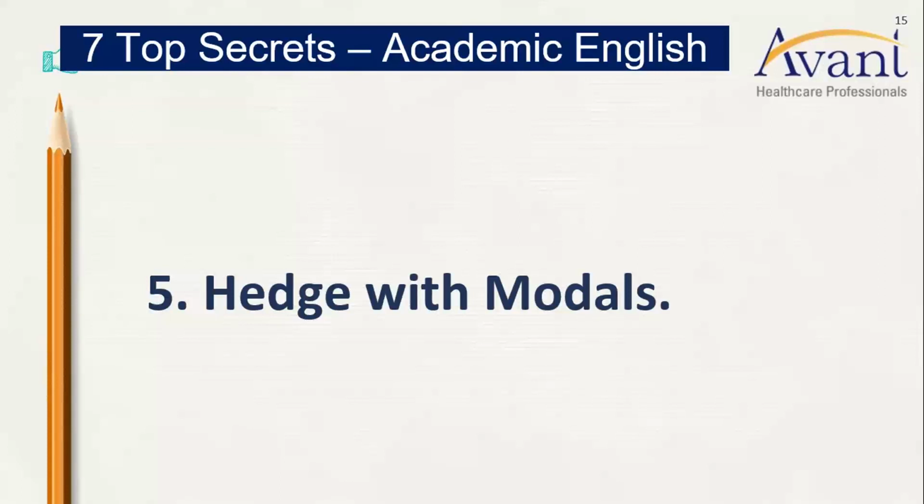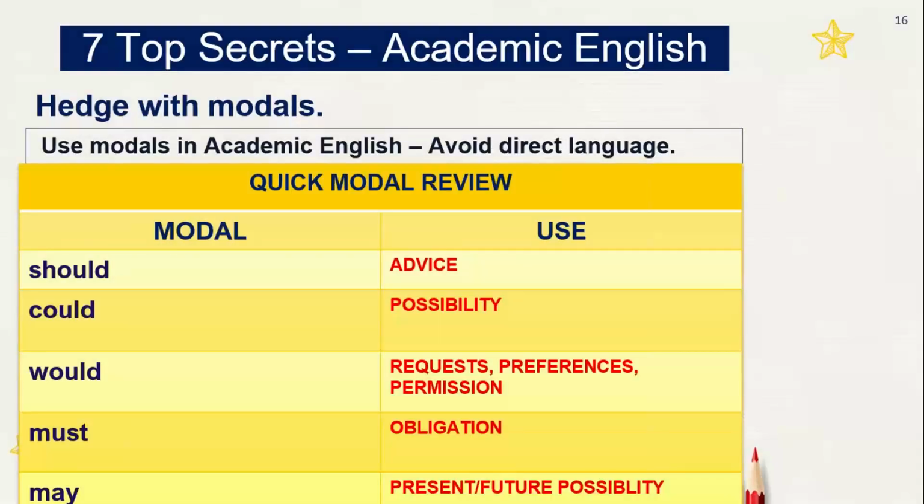The more that you study English and become attuned to the language, you get a feeling of when to use might, when to use may, when to use should and could. These start to become a little bit more natural as you gain more knowledge about how English works. So let's take a look at hedging with modals.